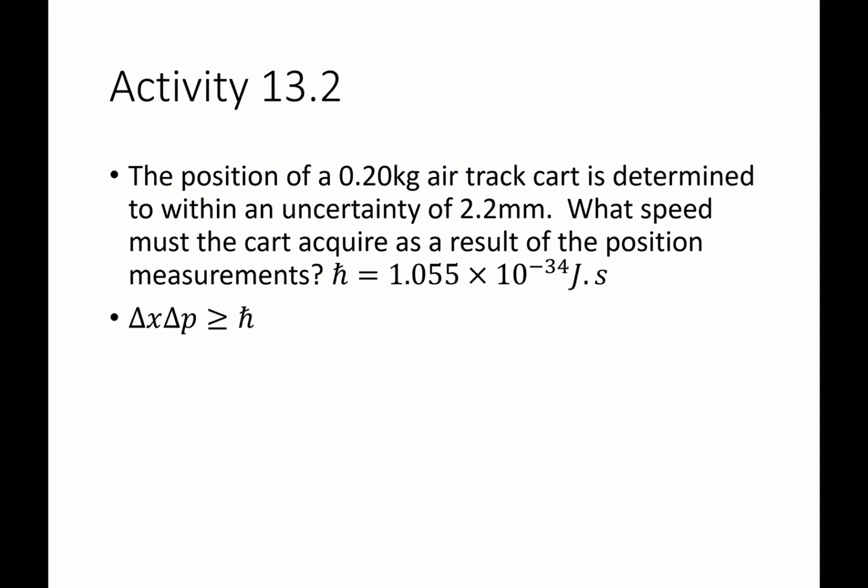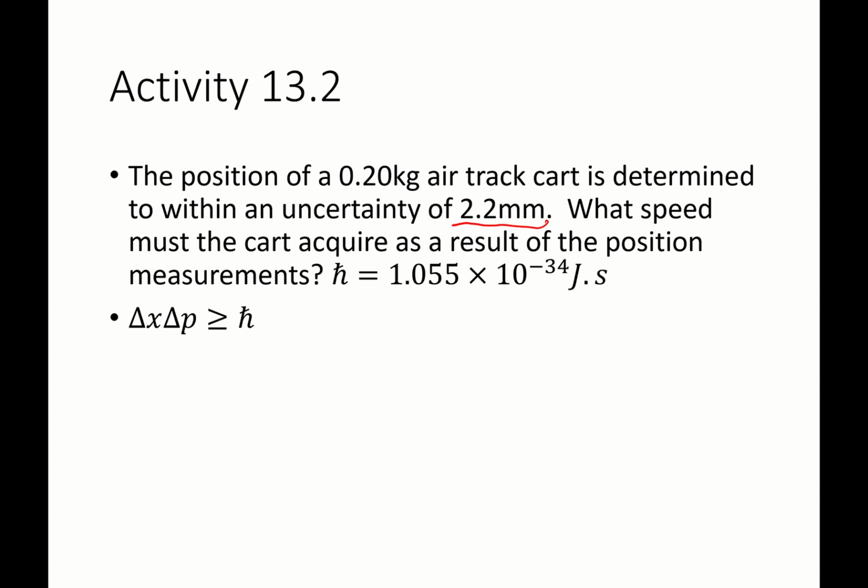So what I want you to do is use the other equation, delta x times delta p is greater than or equal to h bar. This is for a question where you have an air track cart which has a mass of 200 grams, 0.2 kilograms, and we know that its position uncertainty is plus or minus 2.2 millimeters.